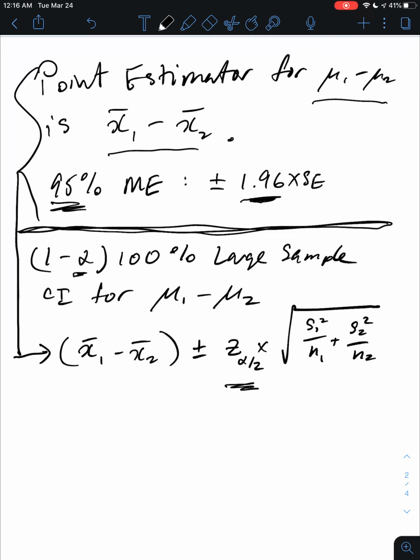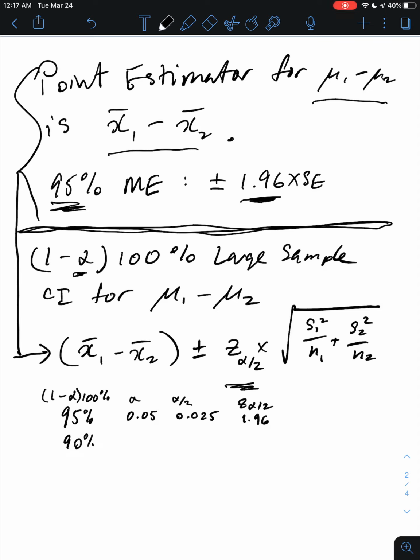So for the usual table, for 1 minus alpha is 95%. I'm going to write it like this just to be consistent with the textbook. So suppose 1 minus alpha 100% is 95%. Then alpha is 0.05. Alpha over 2 is 0.025. And Z sub alpha over 2, which I showed you how to calculate, is 1.96.